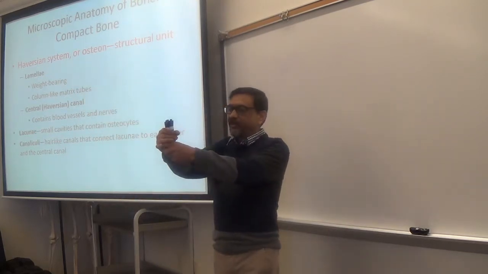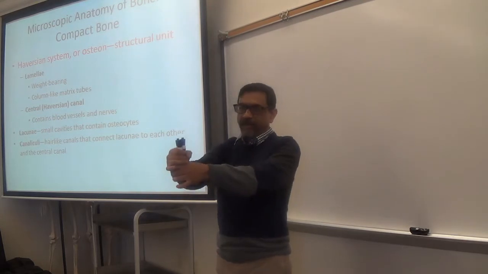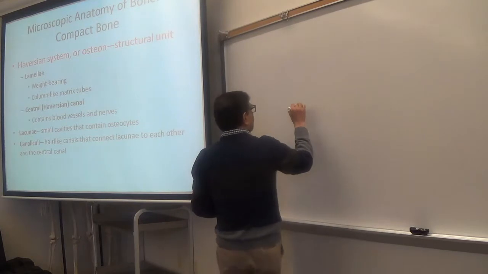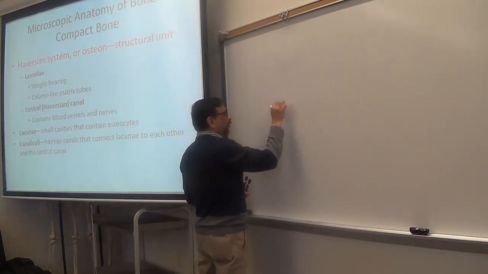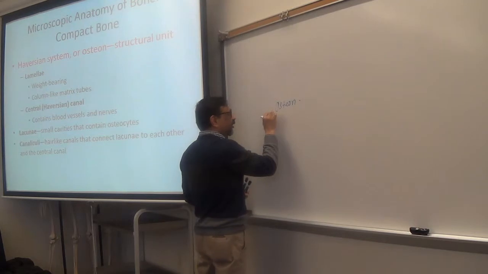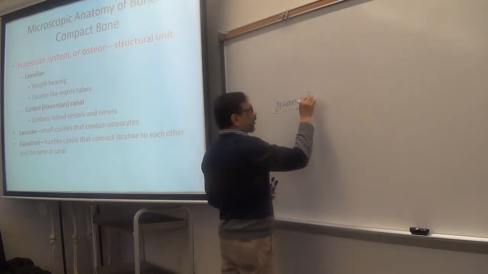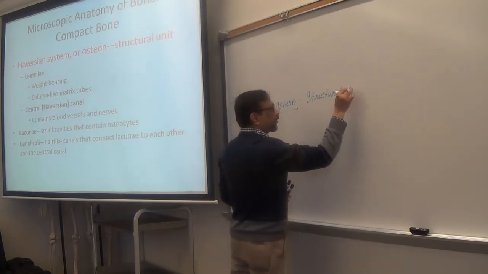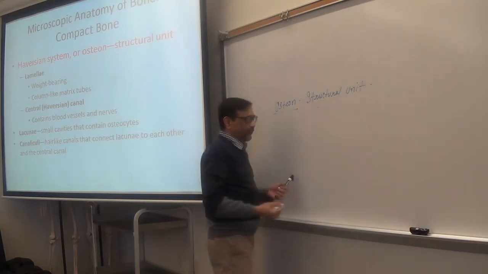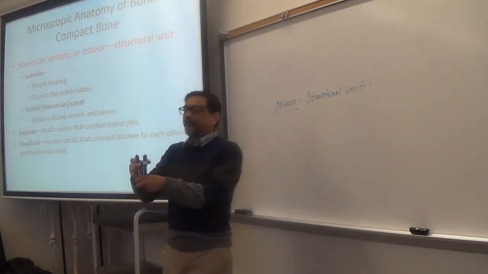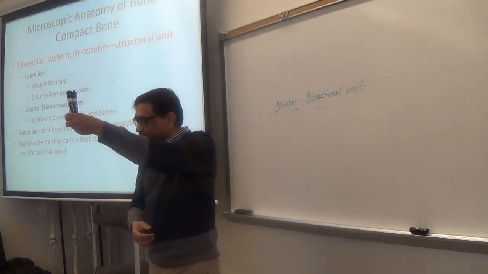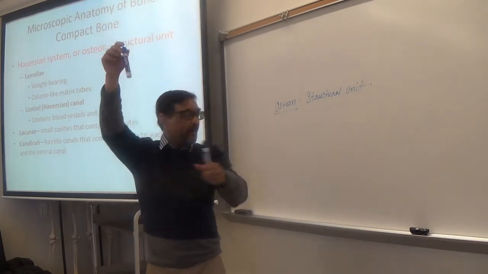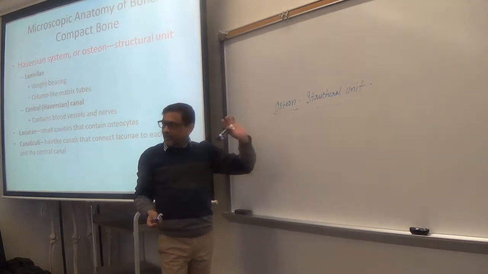So many osteons bundled together form the compact bone. Osteon is the structural unit. So this whole thing is the compact bone, and each structural unit or column is called what? Osteon. Is it clear?